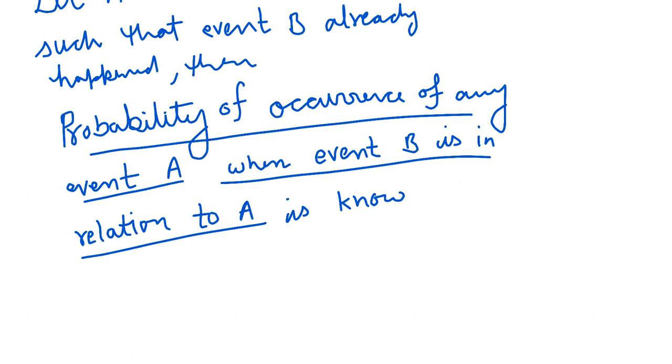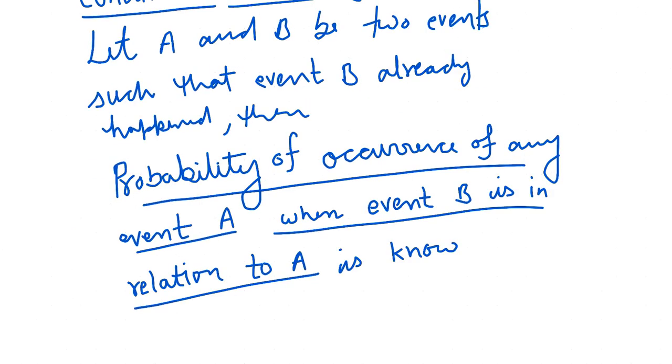So the probability of any event which is based on B having happened is said to be the conditional probability of A.